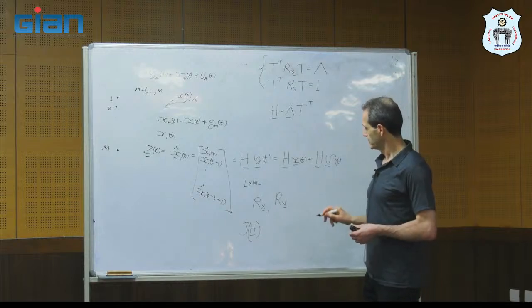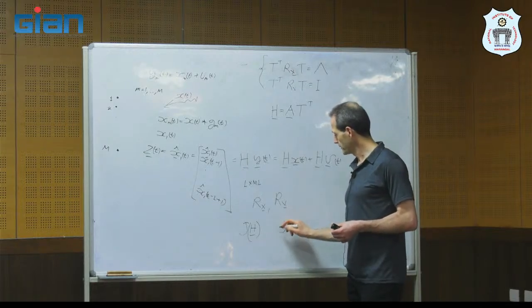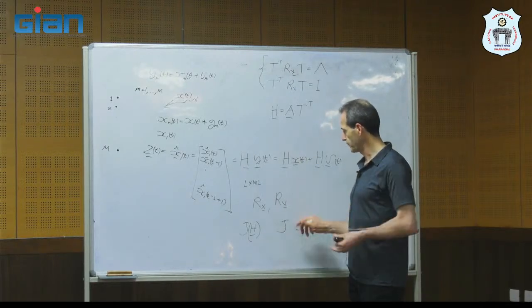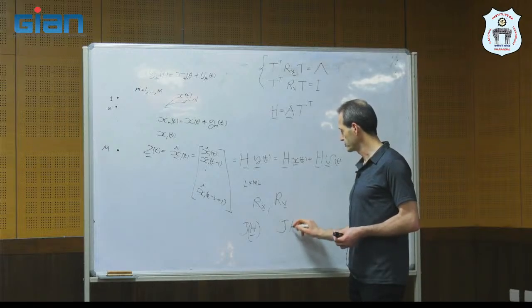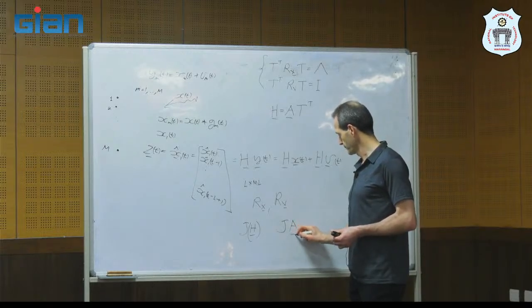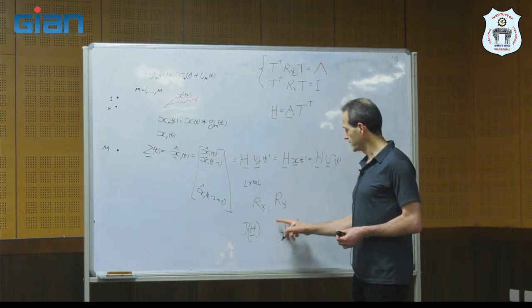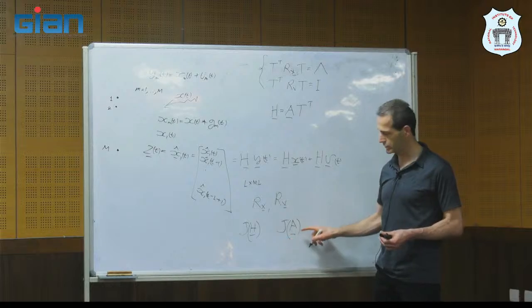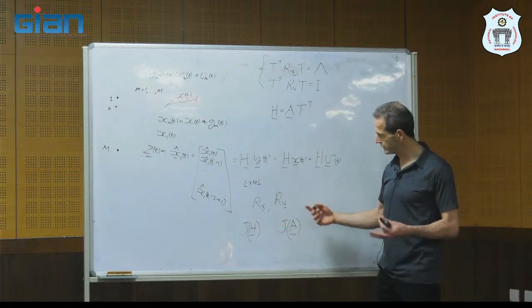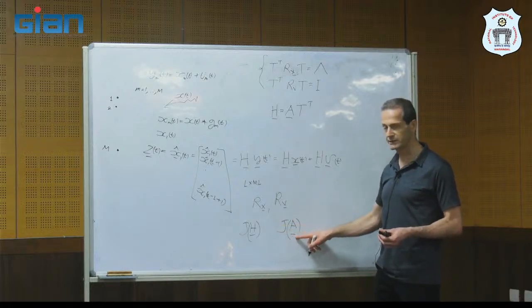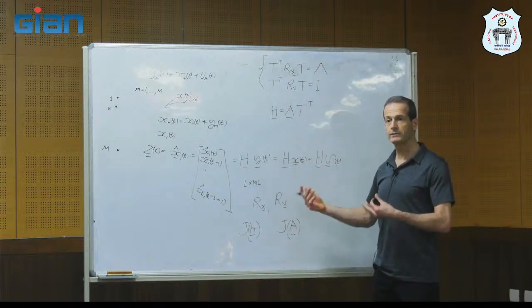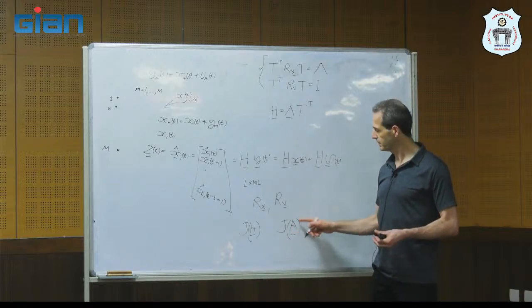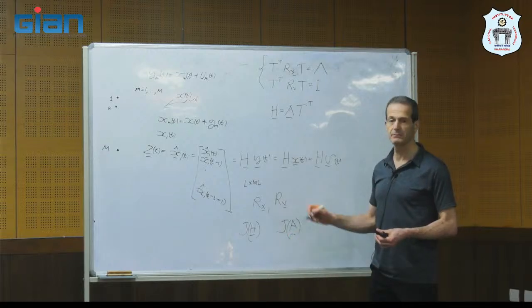Okay? So if we find J as a function of A, we can find the derivative of this scalar function. We find the derivative, the gradient, with respect to the matrix A, equate it to 0, and find the optimal A that minimizes the mean squared error.